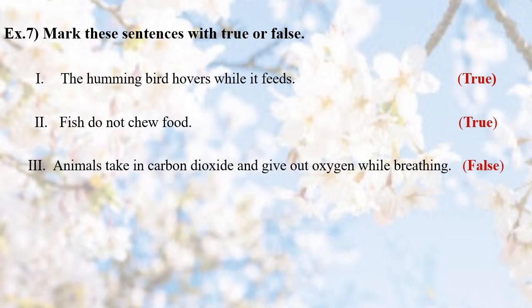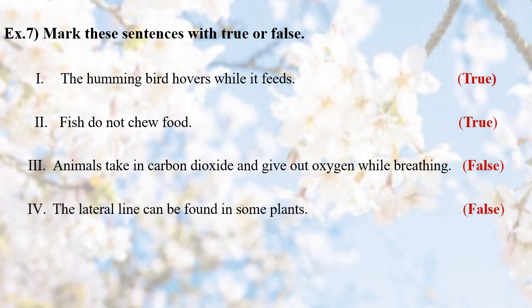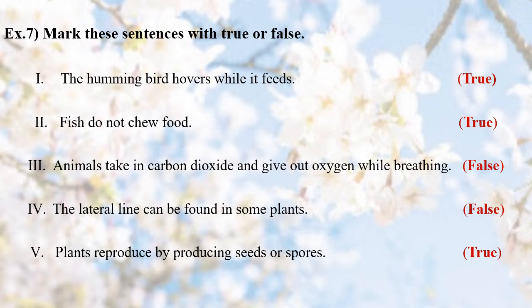Number 3, animals take in carbon dioxide and give out oxygen while breathing. The sentence is false. Number 4, the lateral line can be found in some plants. The sentence is false. Number 5, plants reproduce by producing seeds or spores, and the sentence is true.